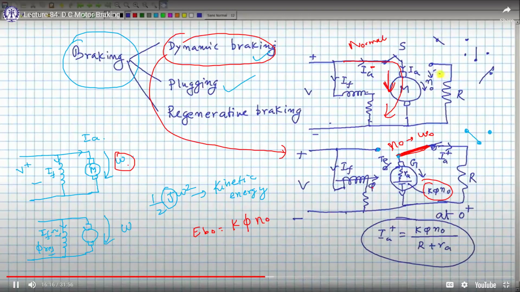We want to make it decrease. But before changing the position of the switch, the speed was omega 0, so there will be some back EMF.